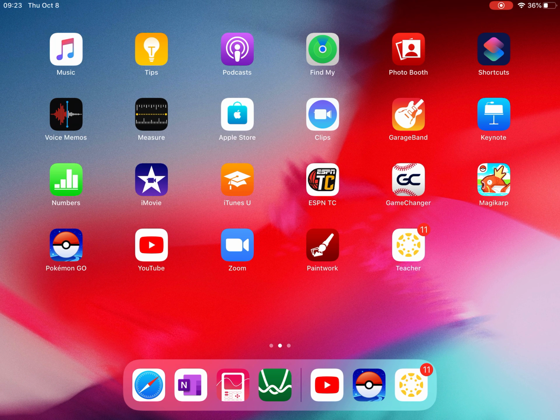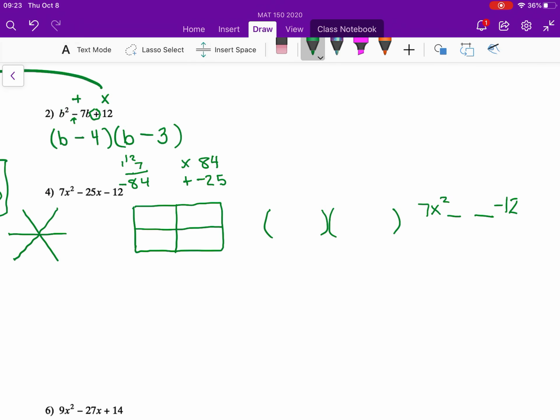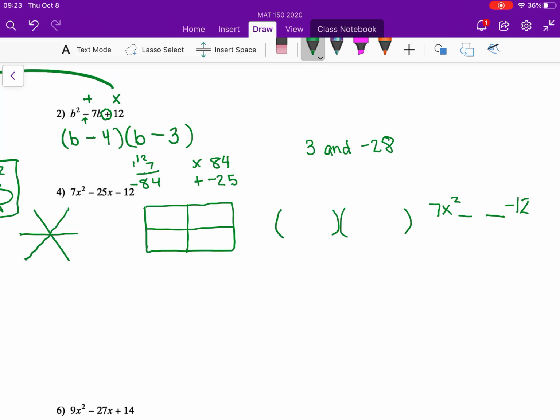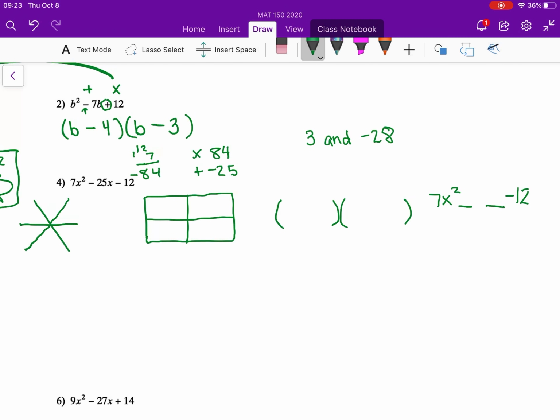All right, so going back. Three and negative 28. Now, depending on which way you use, you're going to use that differently, okay? So if I'm using Snowflake, I actually have a spot to put the negative 84 and the negative 25 to remind myself what multiplies to get this number and adds to get this number.